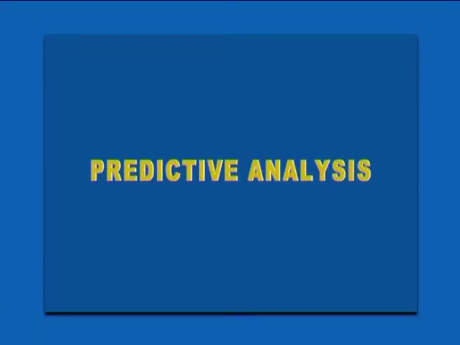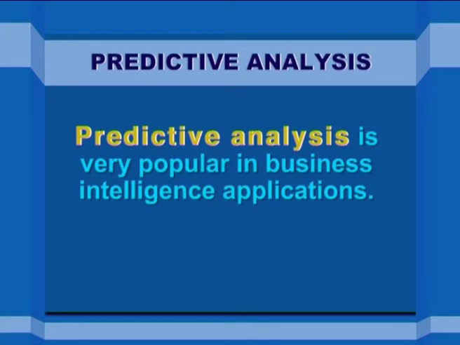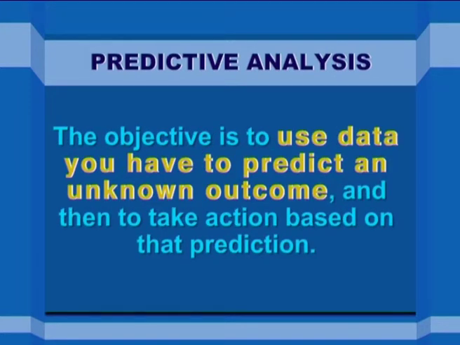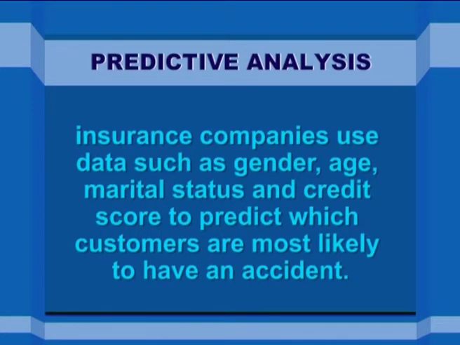The fourth type of analysis is predictive analysis, which is very popular in business intelligence applications. The objective is to use data you have to predict an unknown outcome and then to take action based on that prediction. For example, insurance companies use data such as gender, age, marital status, and credit score to predict which customers are most likely to have an accident.